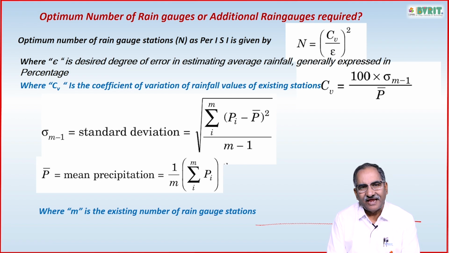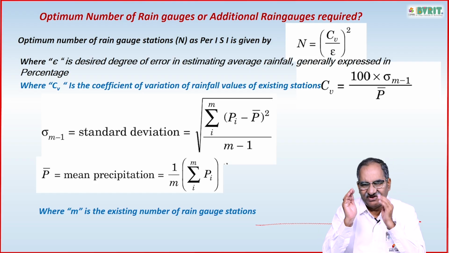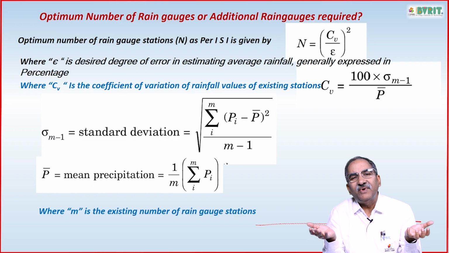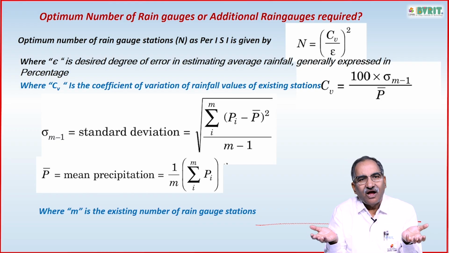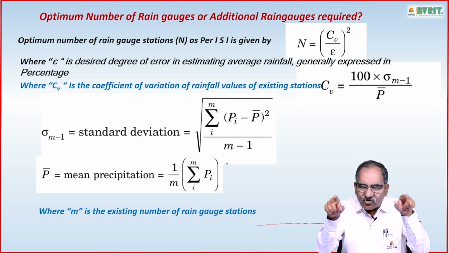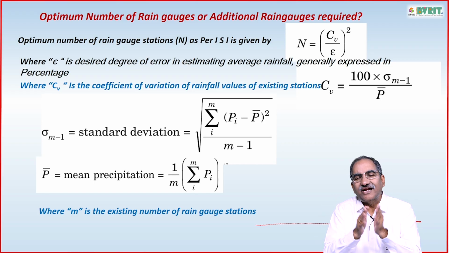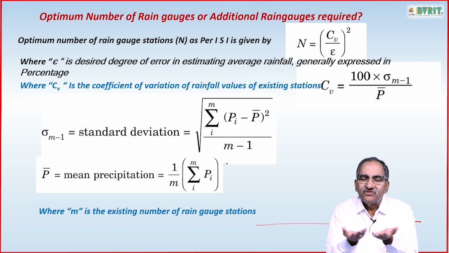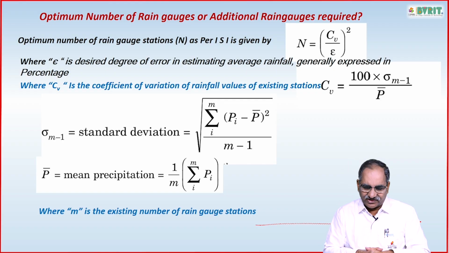Normally in any problem, they may give you some number of gauges, and ask whether those rain gauges are sufficient to measure the annual rainfall, average rainfall or daily rainfall. Is that network sufficient, or shall we increase the number? This is the question that will be asked to you.